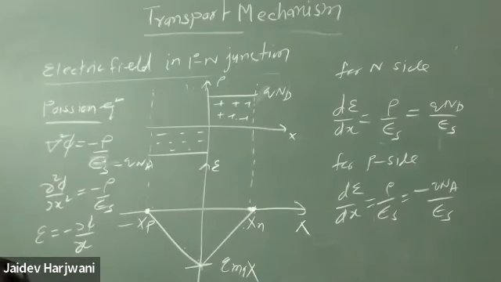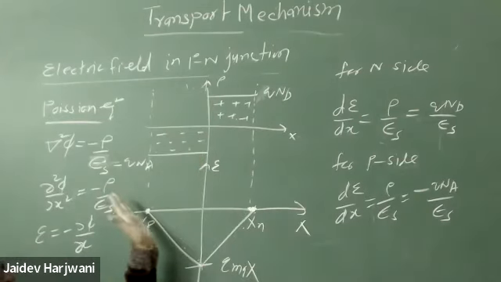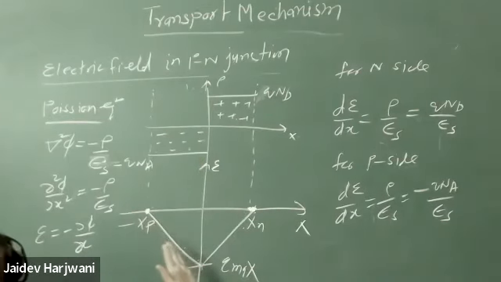Sir, this dE by dx you drew for the N type, it is positive, right? Yes, it is positive, so this slope is positive. What is a negative slope and what is a positive slope? This is a positive slope, and this is a negative slope. How do you plot y equal to mx?